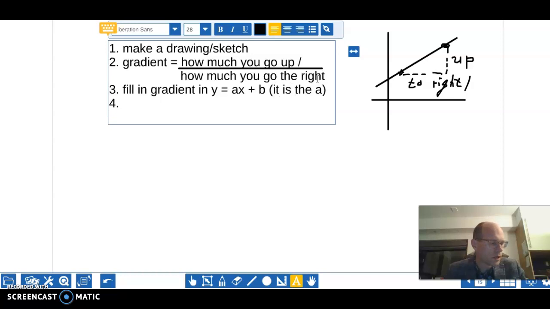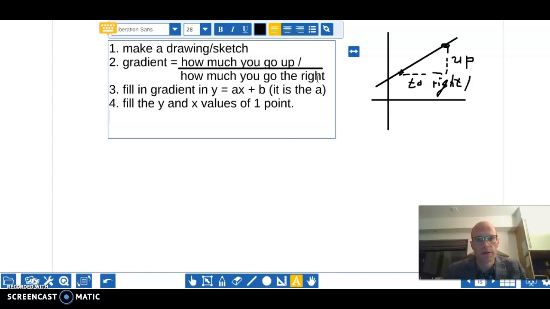And fourthly, we need to fill in the y and x value, the coordinates of 1 point only.